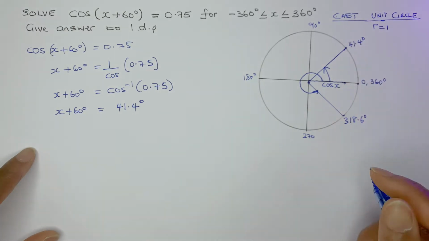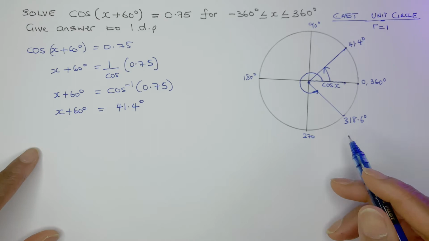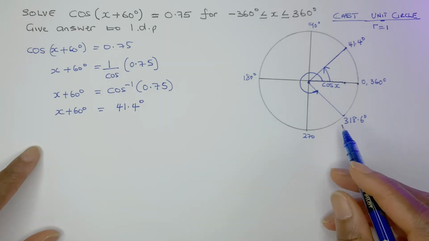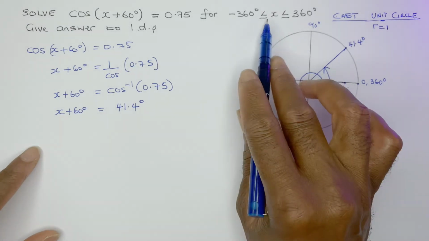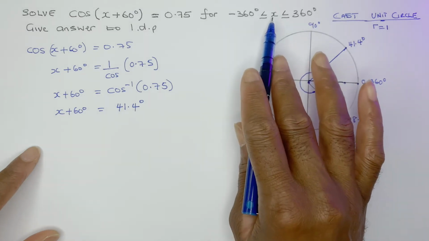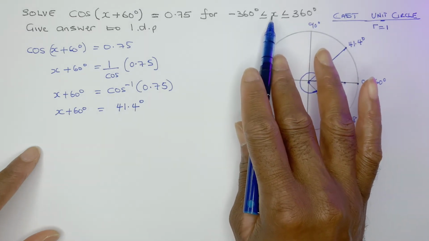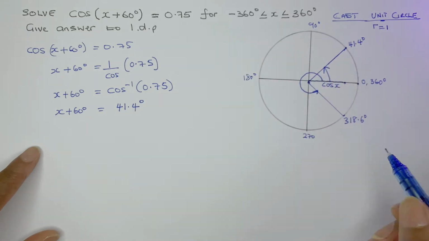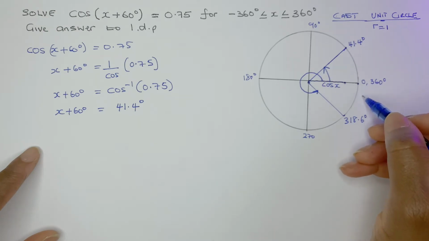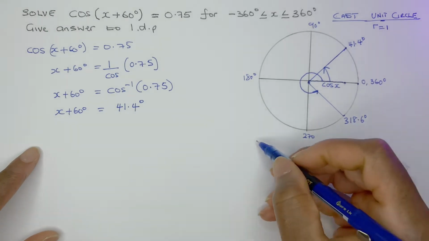So those are the two angles I'm looking for at first. Now this is going from 0 to 360, but I need to go from 0 to minus 360, which means I need to go clockwise as well.